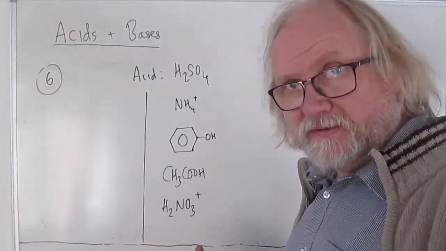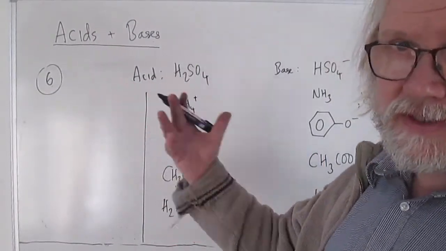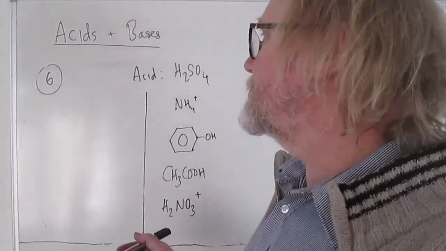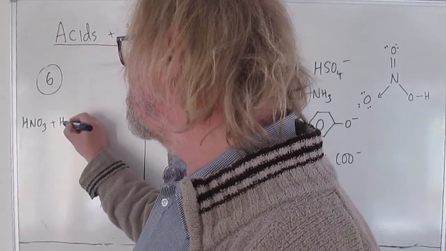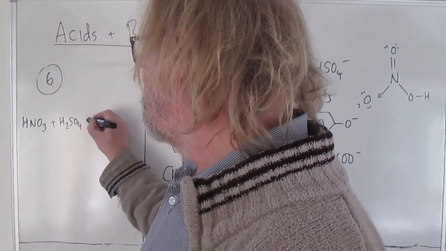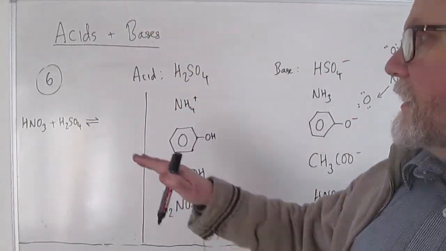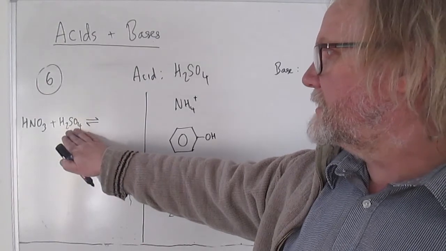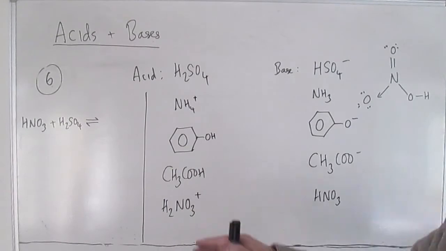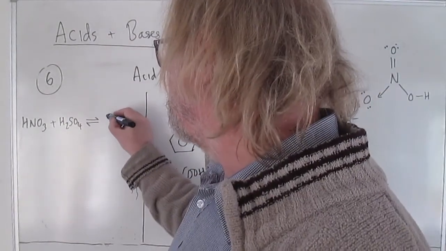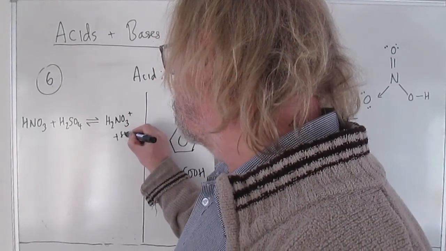Because remember, in nitration, which is adding NO2 to or rather substituting NO2 into an aromatic ring, remember the conditions are that you make a mixture of nitric acid and sulfuric acid, concentrated acids mixed together. And what actually happens there is that sulfuric acid acts as an acid and gives H plus away, and nitric acid acts as a base to form this. So you get this equation, gives you H2NO3+ and HSO4-.